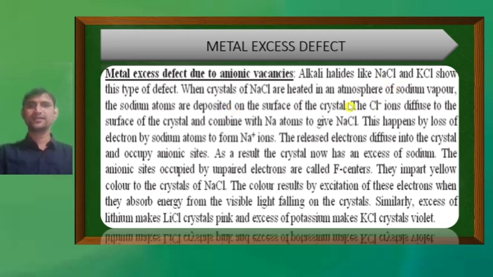If the NaCl crystal is heated in an atmosphere of sodium vapor, then sodium atoms are deposited on the surface of the crystal, and Cl- ions diffuse to the surface of the crystal and combine with sodium atoms to give NaCl. This happens because of loss of an electron from sodium to form Na+ ions, and there is a release of electrons into the crystal.